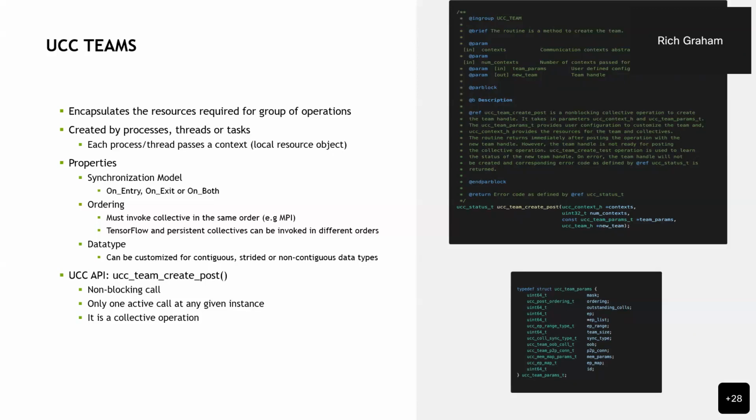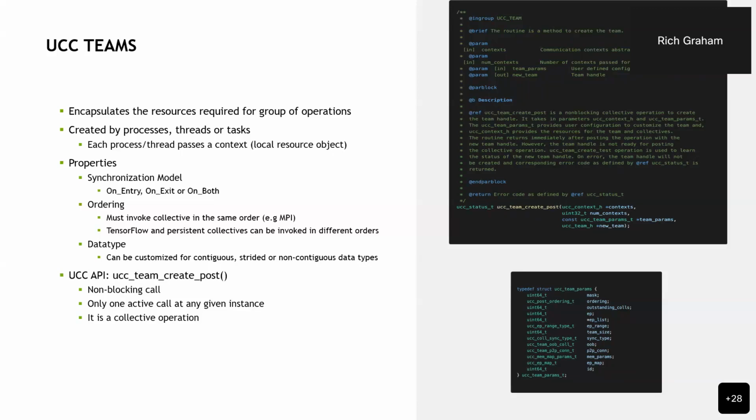Properties that are given to a team include things such as a synchronization model. So if you do want some synchronization associated here, it can be on entry, on exit, both, or actually none of them too, I believe.